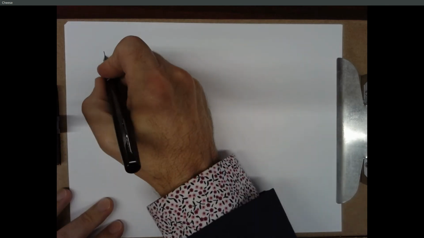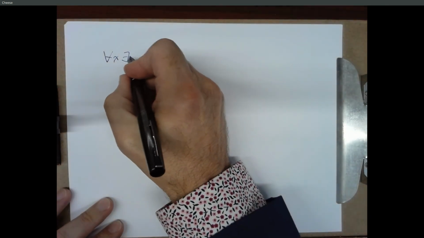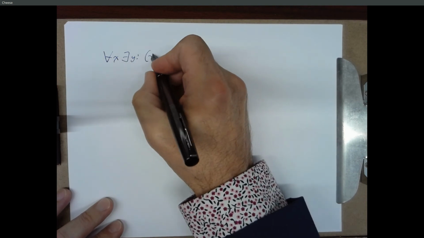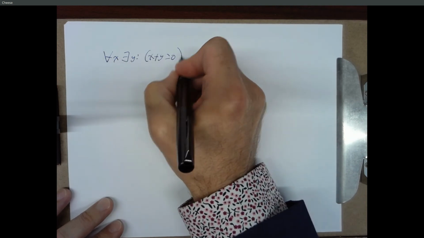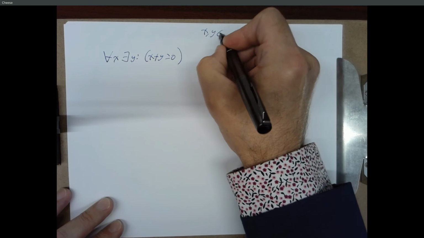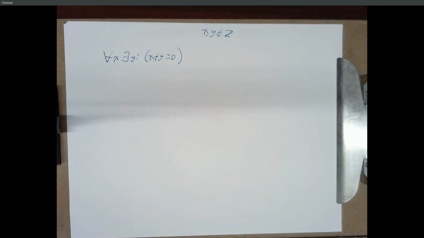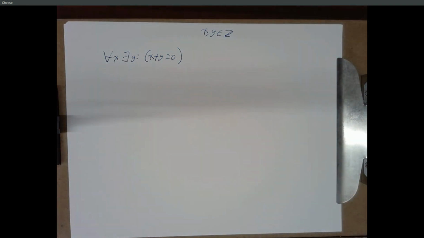All right, we can also nest these quantifiers. So let's keep working over the integers. And this statement says for all x there exists a y such that x plus y equals 0.